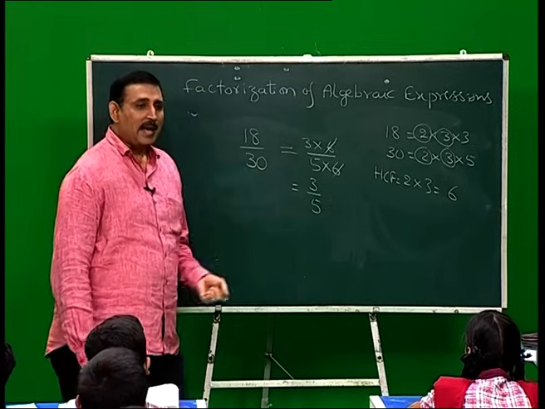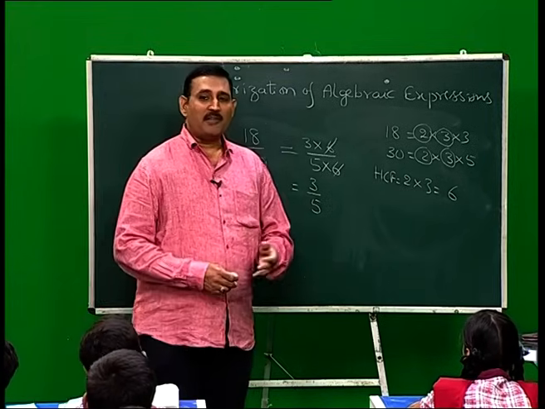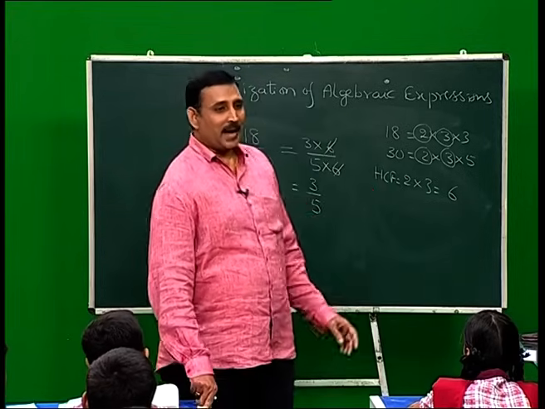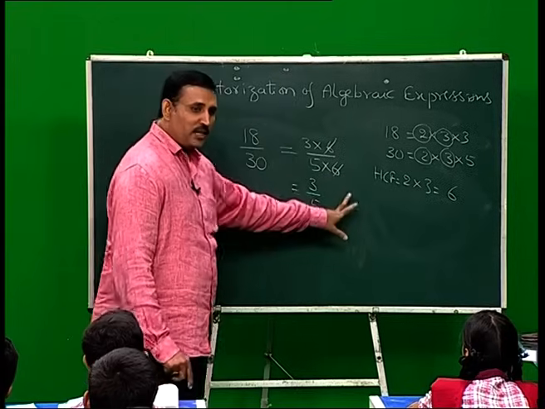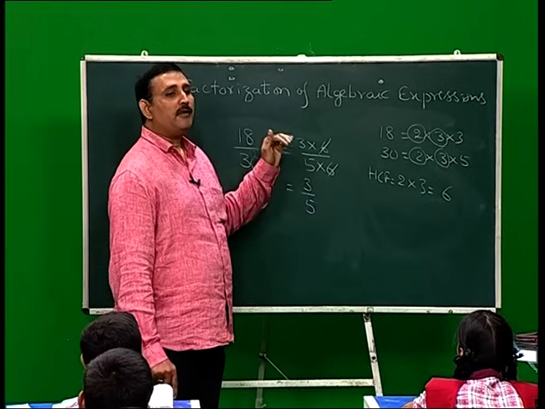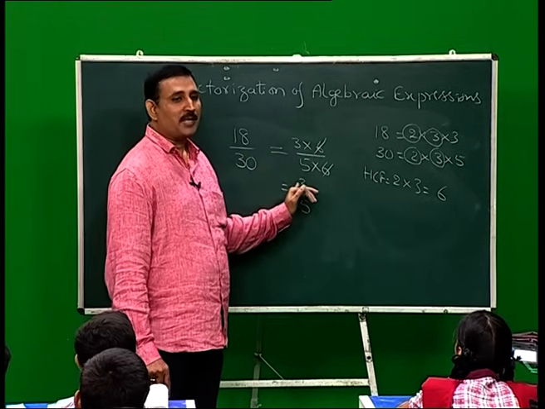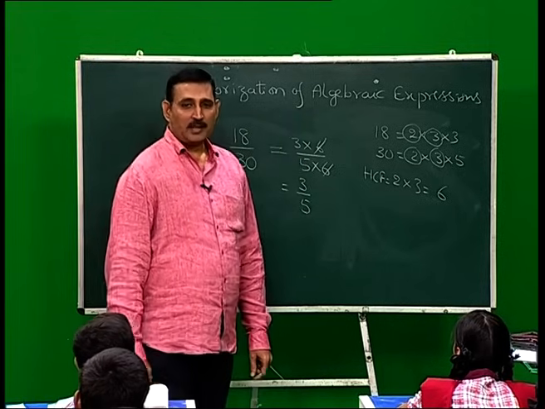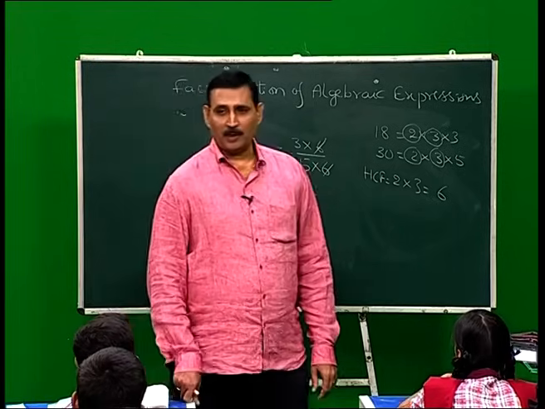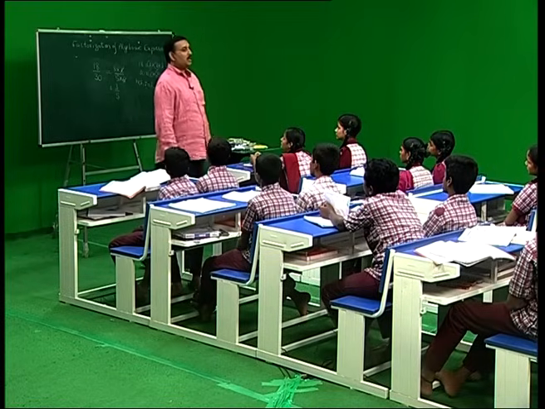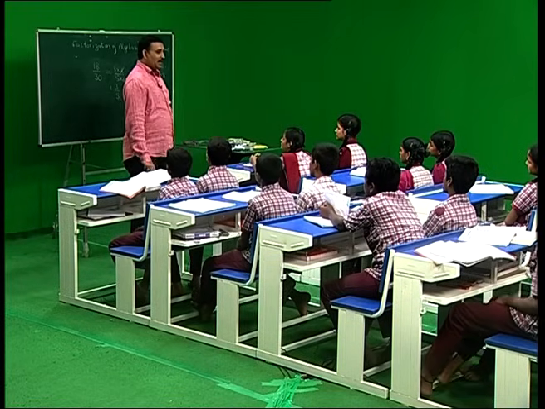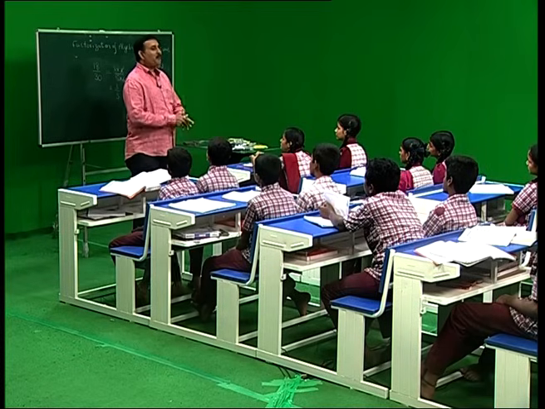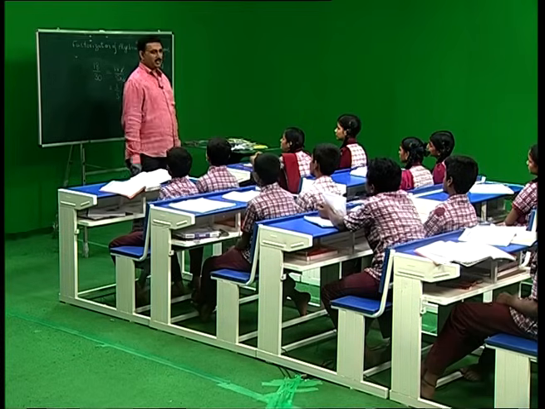Right? In the same manner, sometimes we have to simplify algebraic expressions. At that time, in the same manner as for numbers, we use factorization. Like that, suppose the area of a rectangle or volume of a cube is given in the form of polynomials or algebraic expressions.